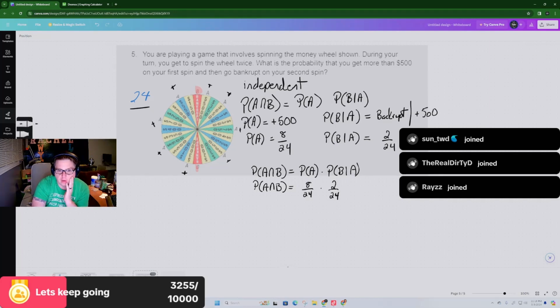Or I can go through the same scenario we did. So let's look at this, 1 over 3, because isn't 8 times 3 going to be 24? I think that evens out. So I could do 1 times 8 and 3 times 8, and the 8s cancel each other out. And I can do 1 times 2, and I can do 12 times 2, and the 2s cancel each other out.